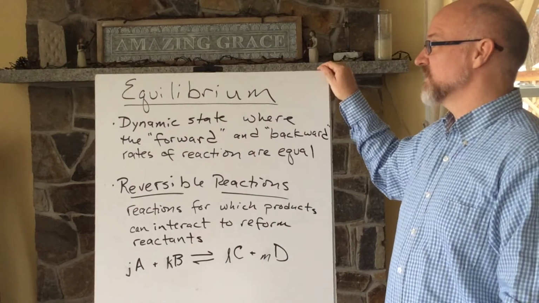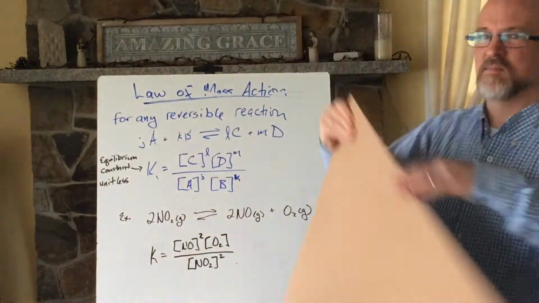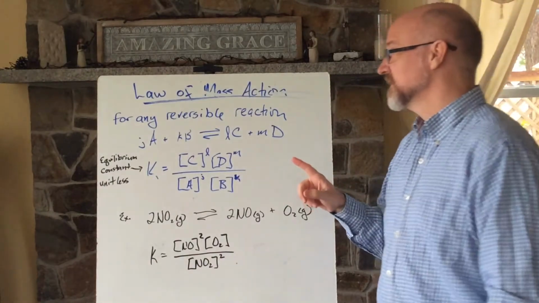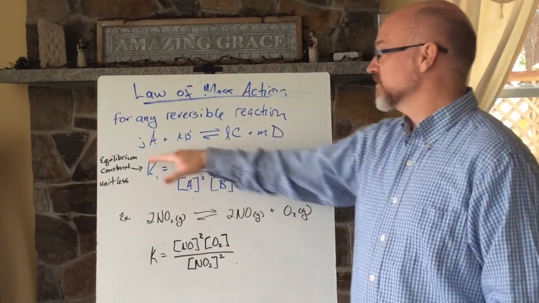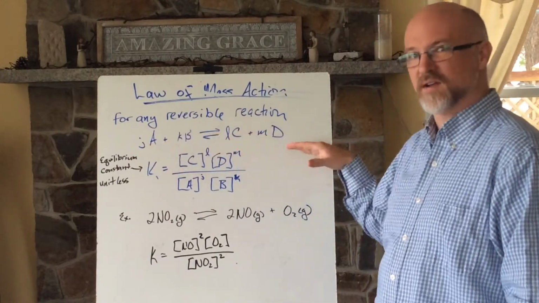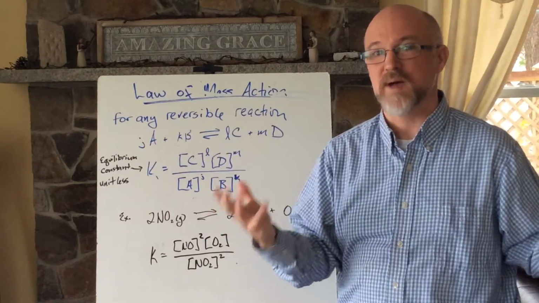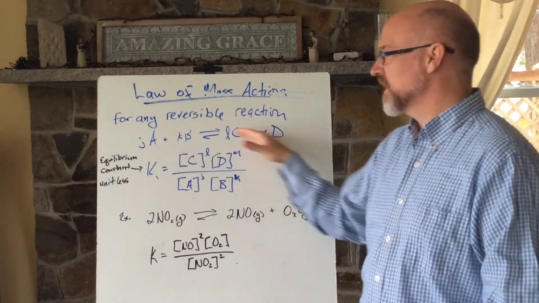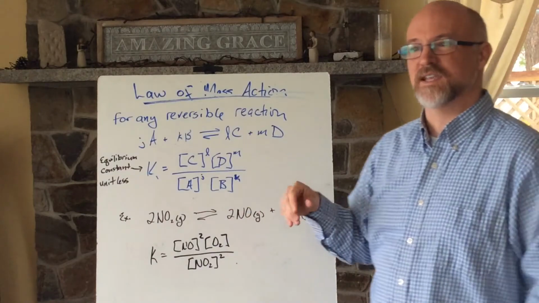Now, we can write this and express this mathematically based on either concentration or partial pressure if they're all gases. For any reversible reaction where we have two reactants becoming products, and each of them may have a coefficient to balance out the reaction, we can write the expression as an equilibrium expression.